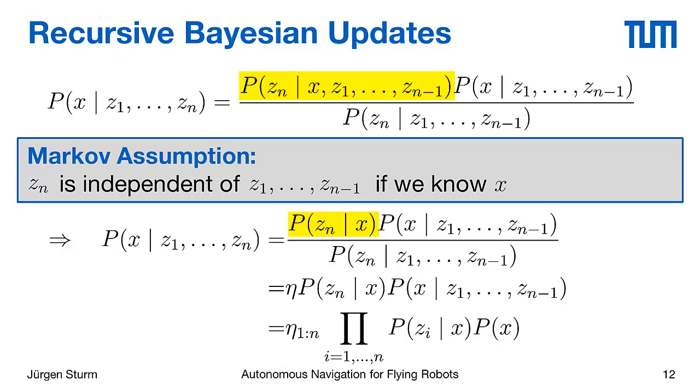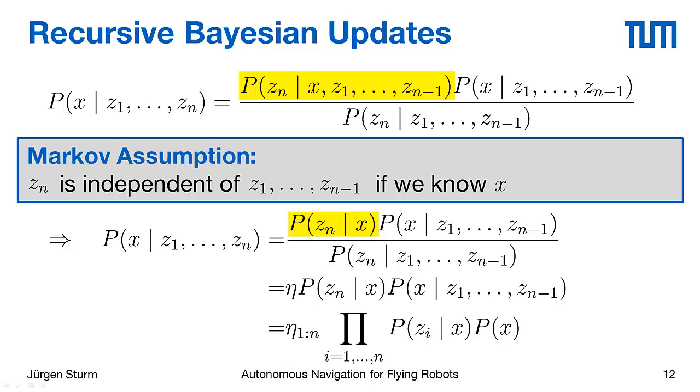You can now see that we can strip off this whole dependency on Z1 to Zn minus 1 by applying the Markov assumption. But still these other two terms remain and give us a hard time. But then we remember that we can apply this trick with the law of total probability in the denominator.